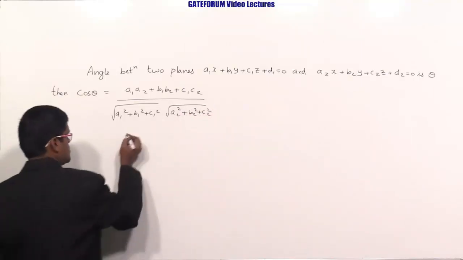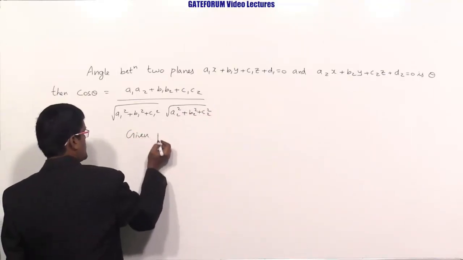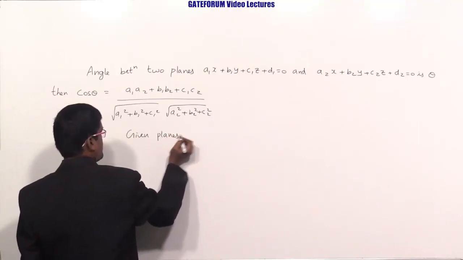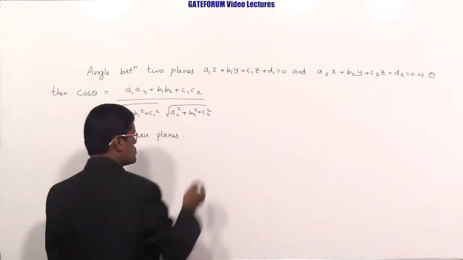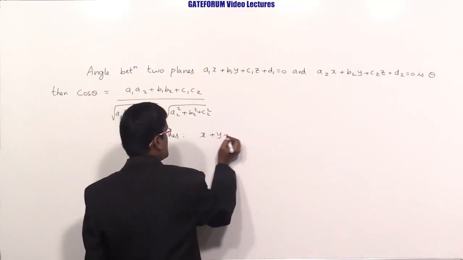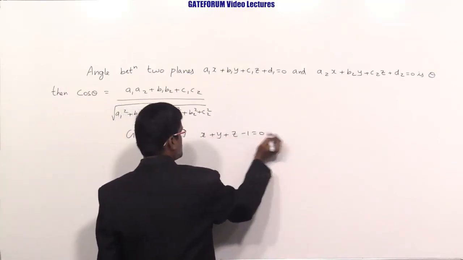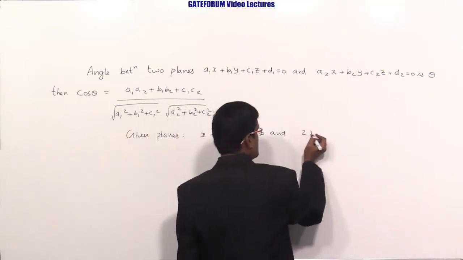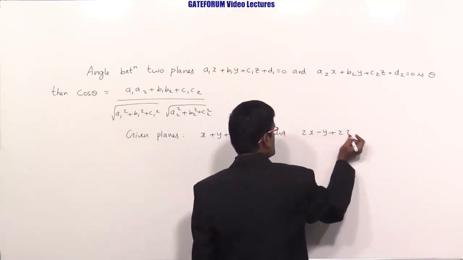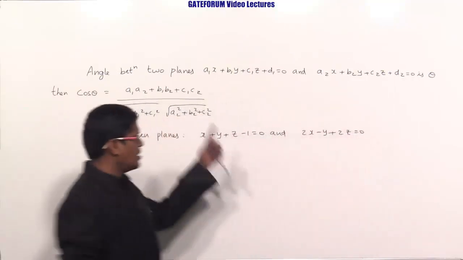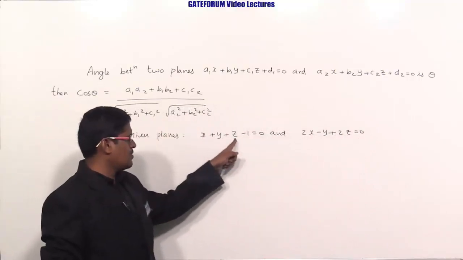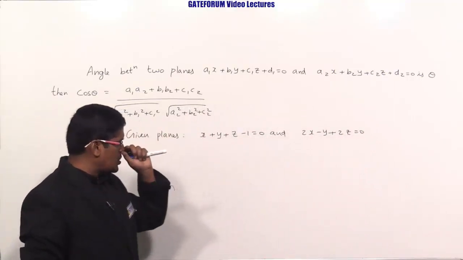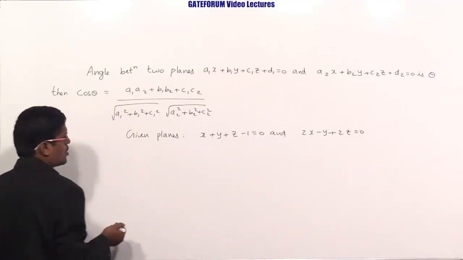So now the given planes: x plus y plus z minus 1 is equal to 0 and the other equation is 2x minus y plus 2z is equal to 0. Comparing with the notation a1, b1, c1, a2, b2, c2, d1, d2 constants.